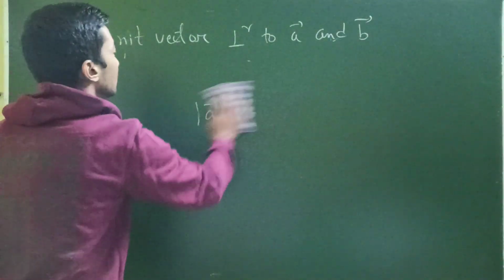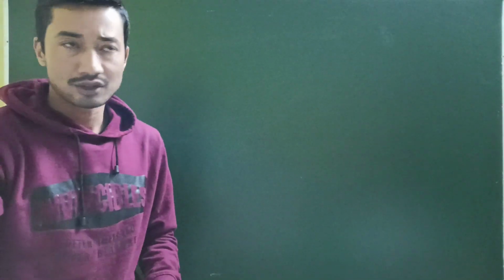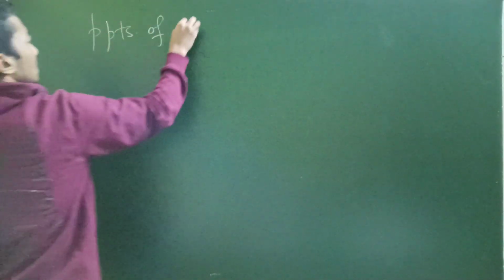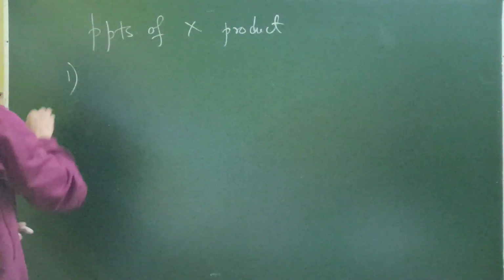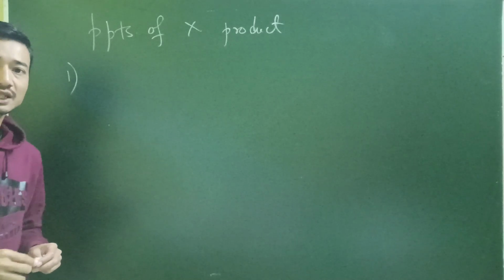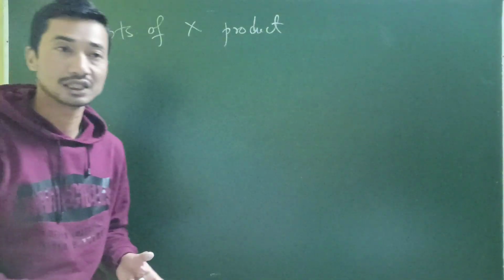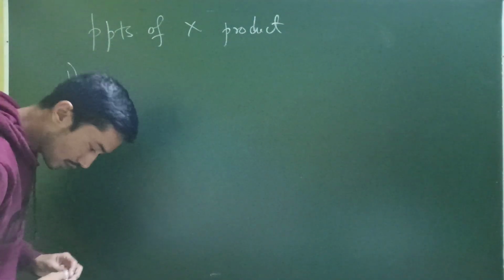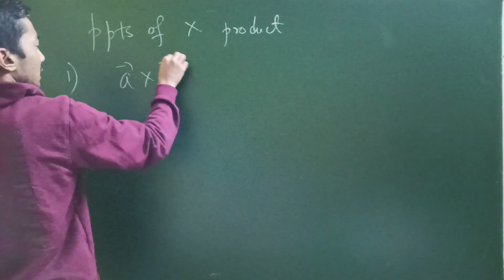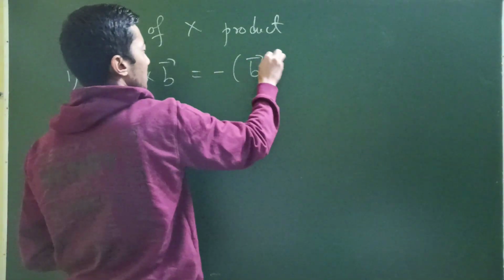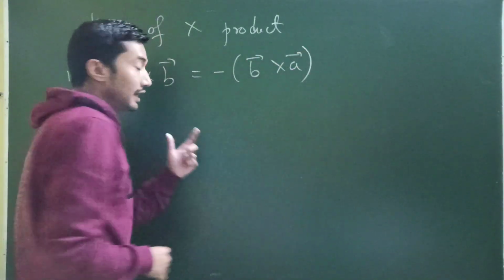Okay, alright. Next, let's talk about some properties of cross product. First one: if you remember in dot product, we had seen that the dot product of two vectors is commutative. Is it going to be commutative in cross product also? No, because A cross B is not going to be equal to B cross A. That we have already seen in that diagram also.